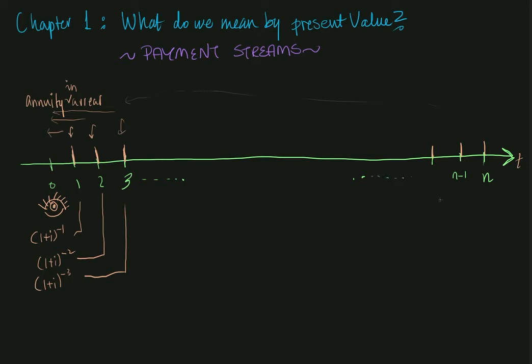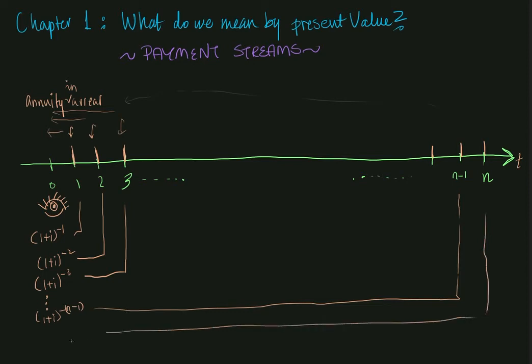And so on and so on, and we do this all the way until n minus 1. So there's also 1 unit paid at time n minus 1. So this is 1 plus i to the minus (n minus 1). And then we have the 1 plus i to the minus n.